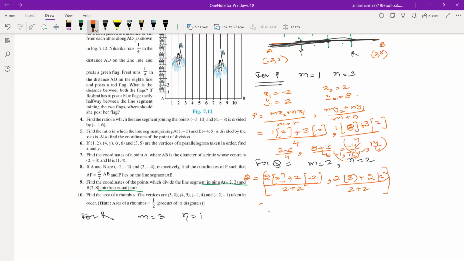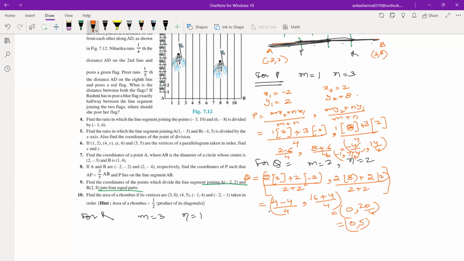So 4 minus 4 by 4, comma 16 plus 4 divided by 4. So it will be 0, comma 20 by 4. So 0, comma 5. Right, beta? Yes, ma'am.